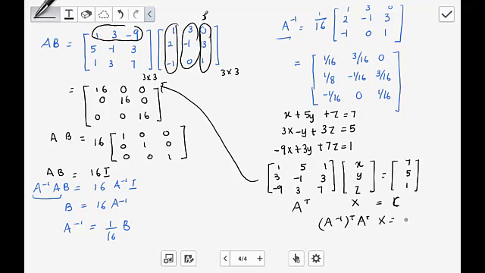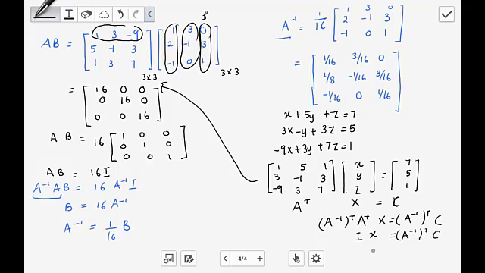So on your right hand side is A inverse transpose C. So A inverse transpose multiply A transpose will be giving you identity equals to A inverse transpose multiply C.